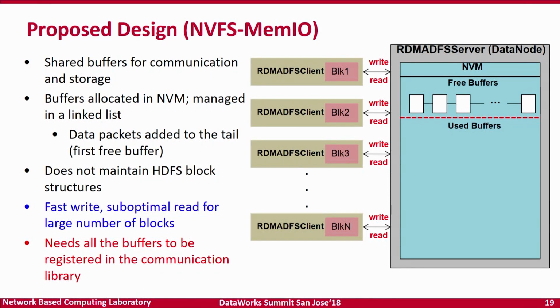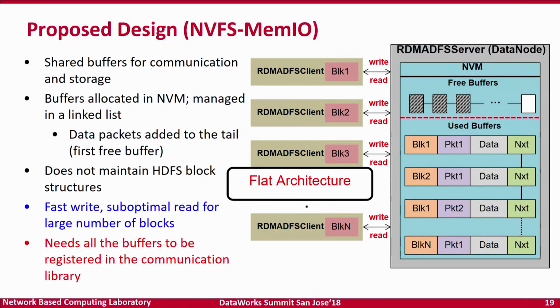And as I mentioned before, the block format does not provide you the best performance. That's why we also designed a design with the memory APIs. Here we have two sub-designs. This design, NVFS-MemIO, is the flat architecture. Here we have shared buffers for communication and storage. The buffers are allocated in NVM and are managed in a linked list.